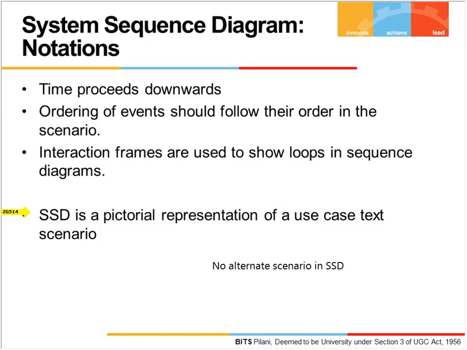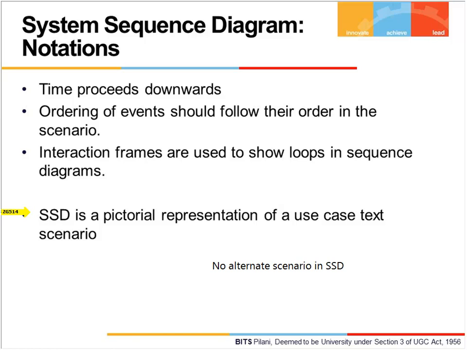Okay, there's another question which says, could you please provide one example where we cannot use system sequence diagram but sequence diagram and vice versa? The two diagrams are different diagrams. System sequence diagram is the first level diagram which is drawn to directly convert the use case text scenarios into a pictorial representation.